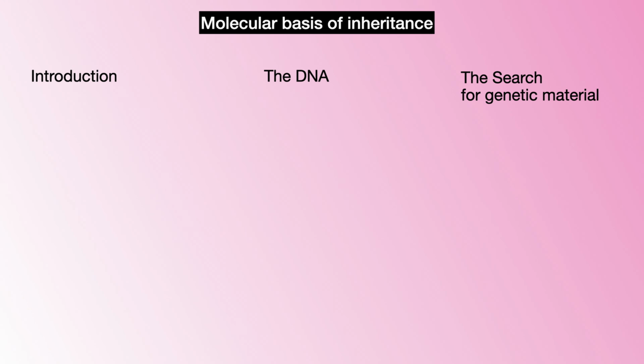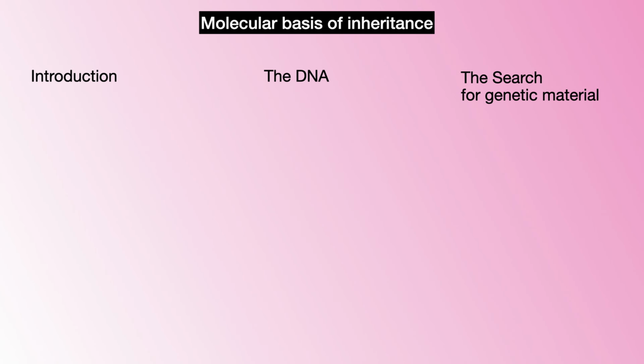Initially, the biochemical nature of genetic material was thought to be protein. Then, Oswald Avery, Colin MacLeod, and Maclyn McCarty, during 1933 to 1944, worked to determine the biochemical nature of the transforming principle. They took heat-killed S strain.